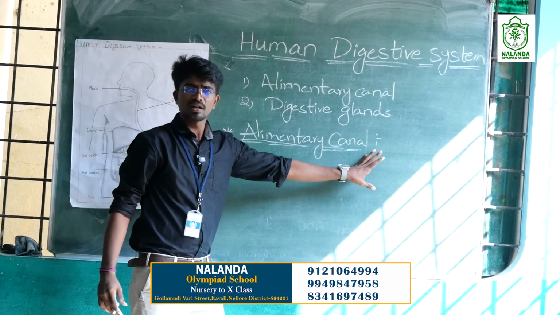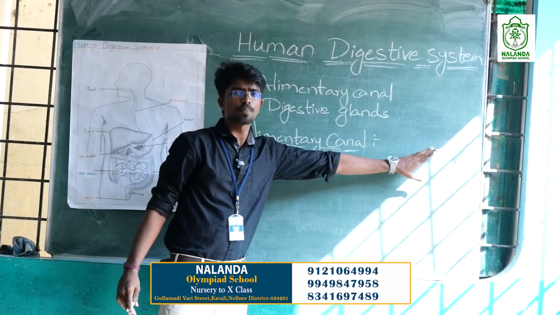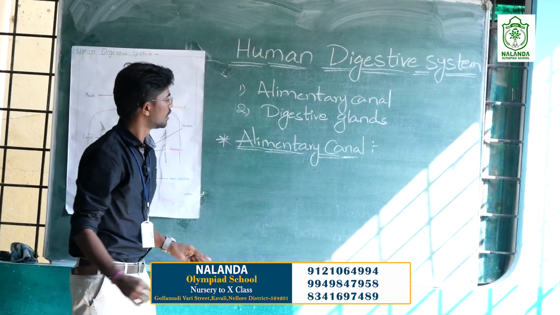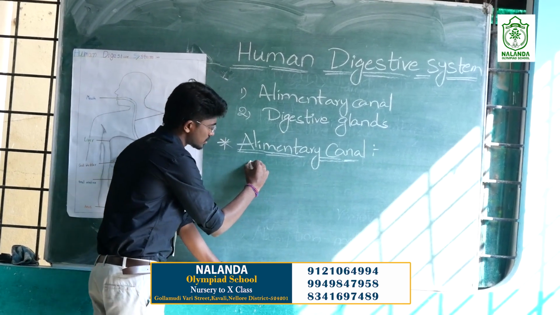The alimentary canal is a tract which opens with the mouth and ends with the anus in the human being. So it contains several parts.